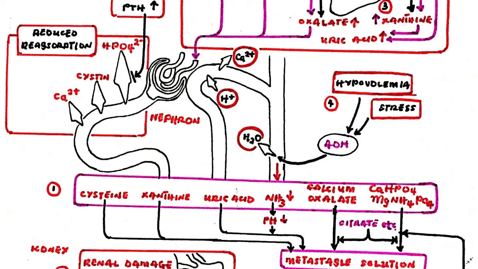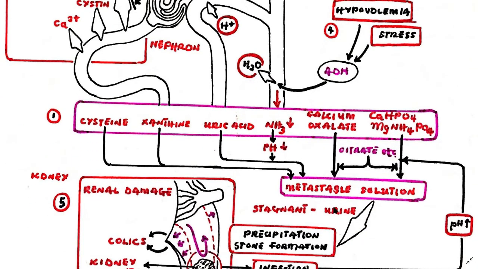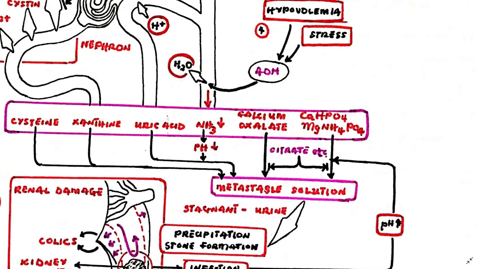The solubility of some substances depends on the pH of urine. Phosphates are easily dissolved in an acidic urine but poorly dissolved in an alkaline urine. Now, phosphate stones are therefore, as a rule, only found in alkaline urine.